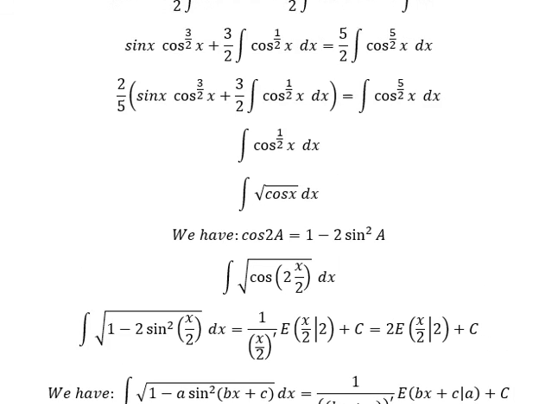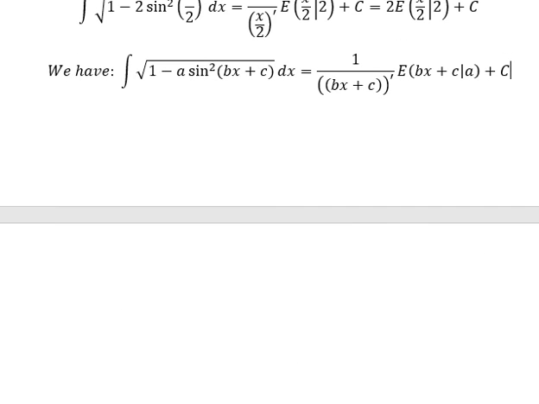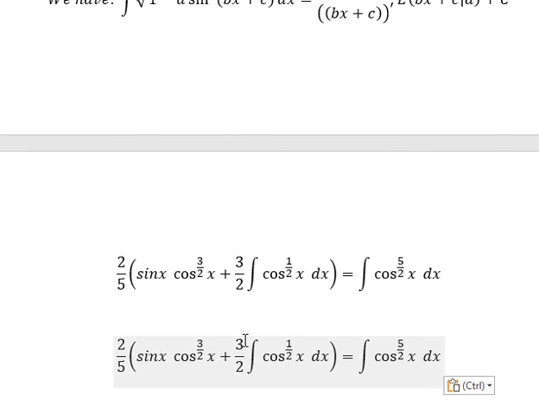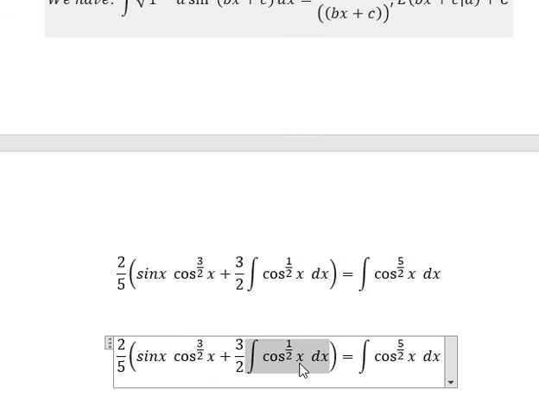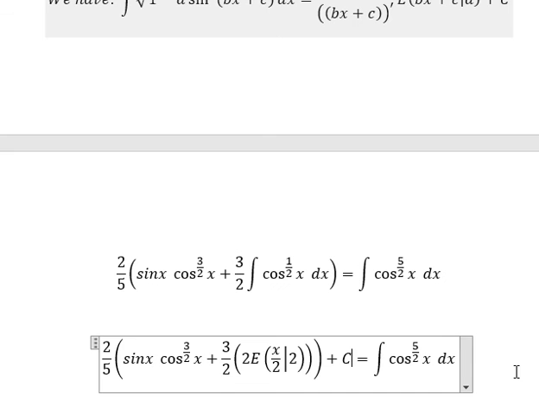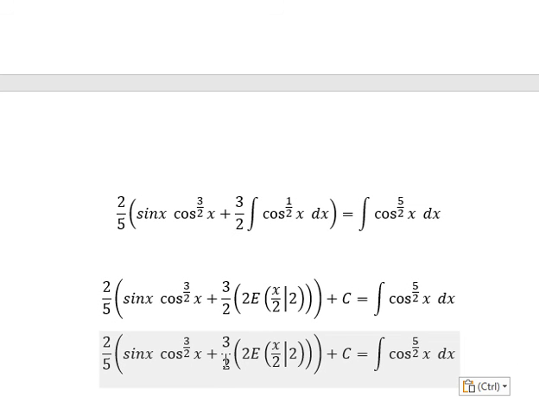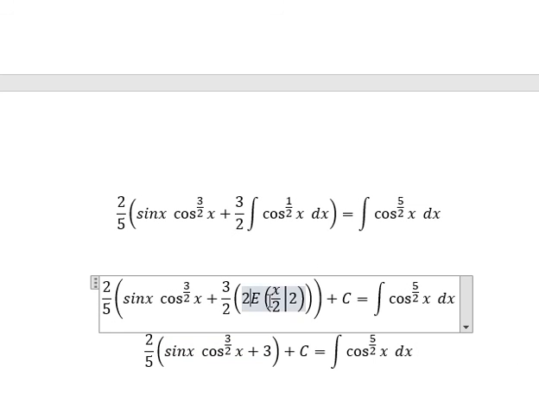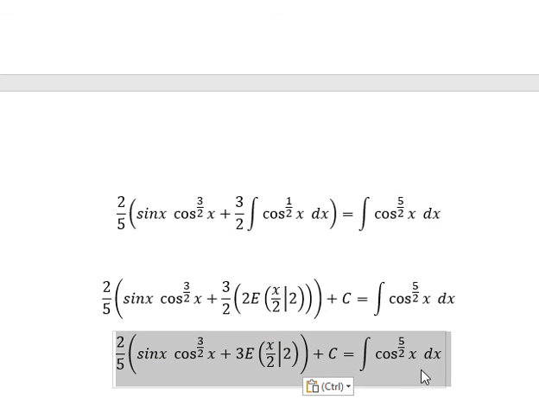Now, we go back in here. The integration of this one, that is this one. And then I will put c. Now, number 2 and number 2 we simplify. And this is the final answer.